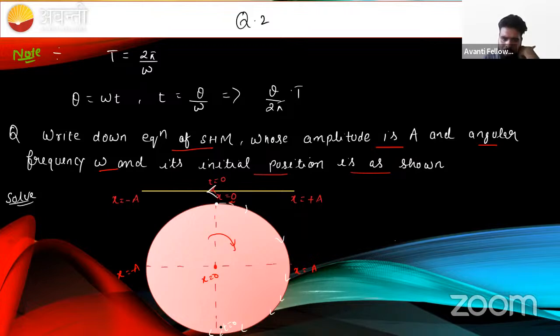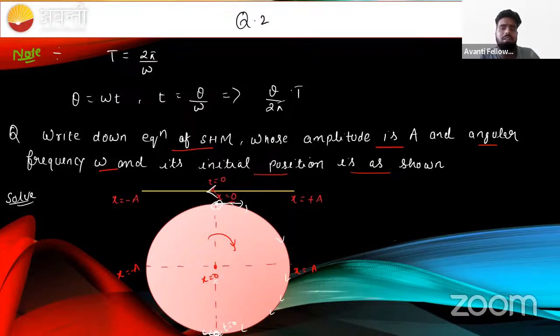At x equal to 0 there are two possibilities: either the particle is at this point, or the particle is at the lowermost point. So which point do we have to choose? We have to see the direction of the particle. The particle is moving leftward, so at this point the particle is moving in this direction. So this is not possible. So only this position is possible. It means at the initial point our particle is here.